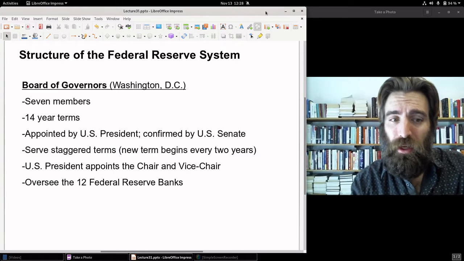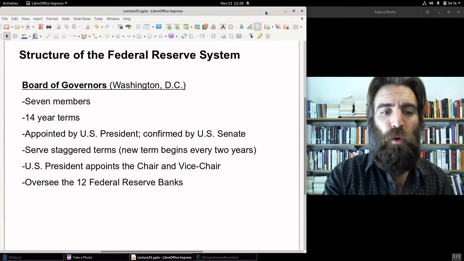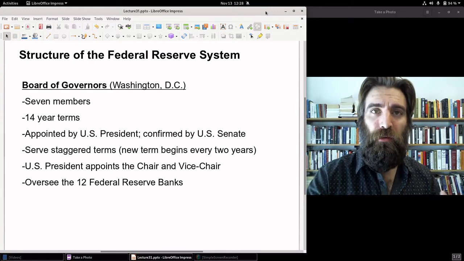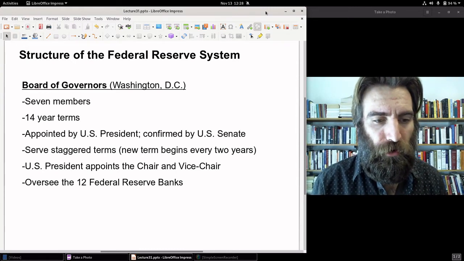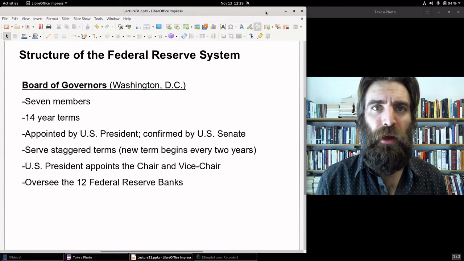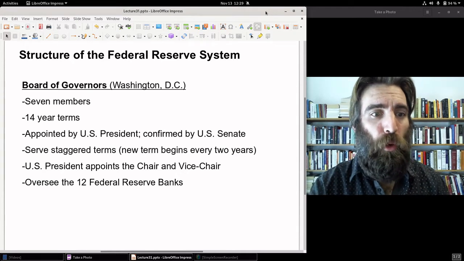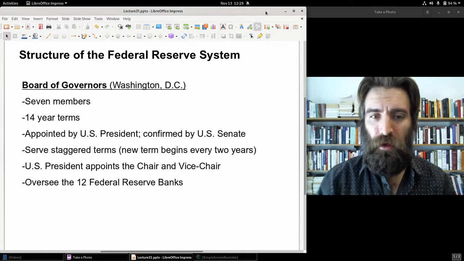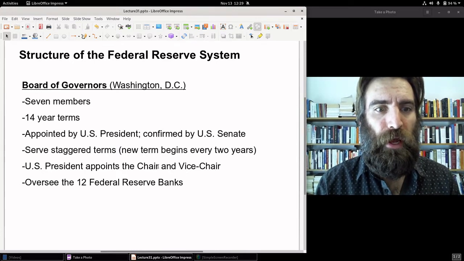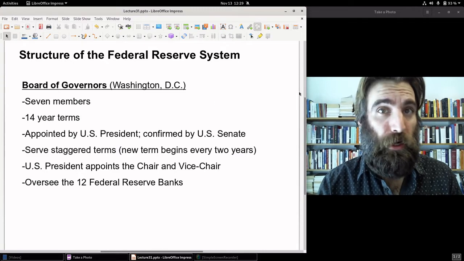The president of the United States, then, of that group, appoints the chair and the vice chair. These are 4-year-long terms for the chair and the vice chair. And the president may reappoint a chair for as long as that member's term is still within this 14-year period.